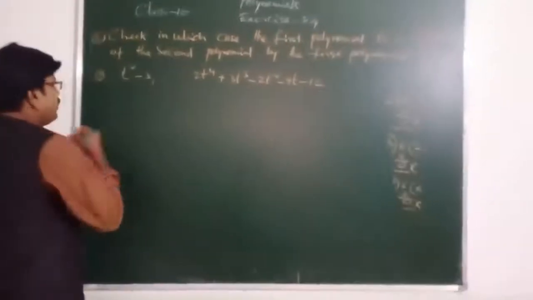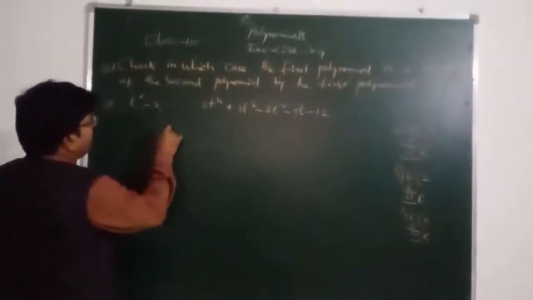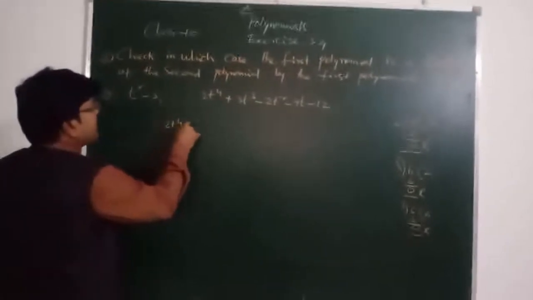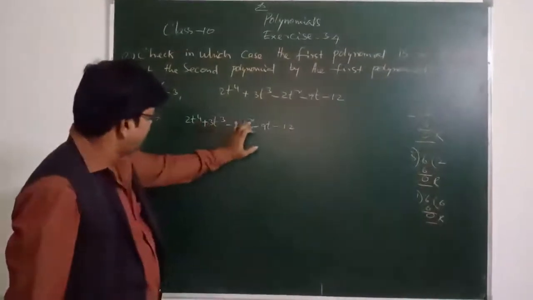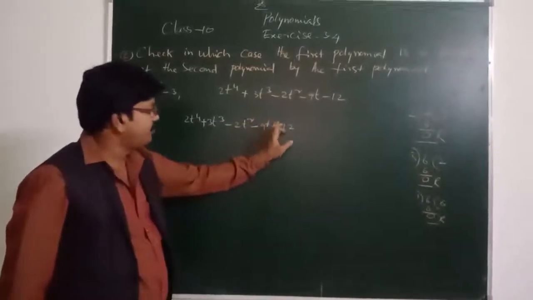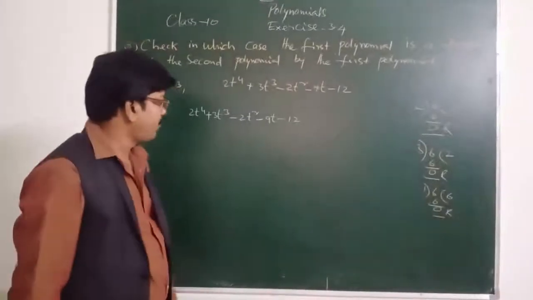Now I am going to take p of x equal to 2t power 4 plus 3t cube minus 2t square minus 9t minus 12. First check whether the given polynomial is in order, in decreasing powers of t.